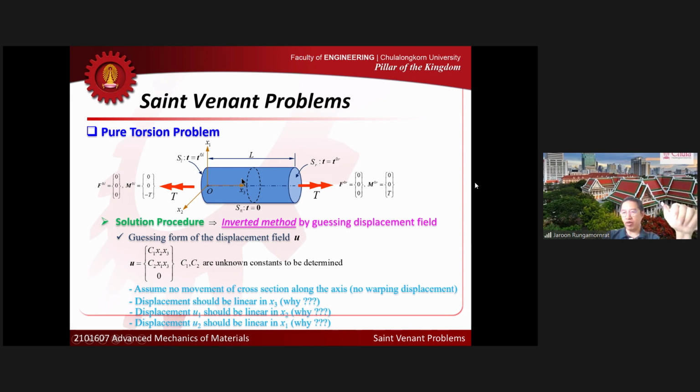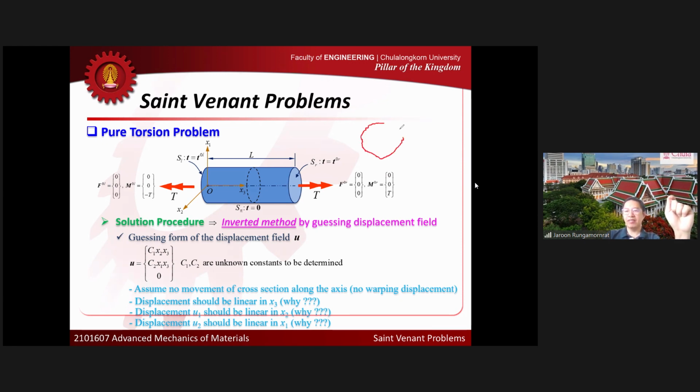When you apply the torque, it rotates. What happens to the displacement there? If you make the cross section rotate, the displacement will get larger and larger when you move from the origin of the cross section, right? If you move from the center of the cross section, the displacement becomes larger and larger, right?